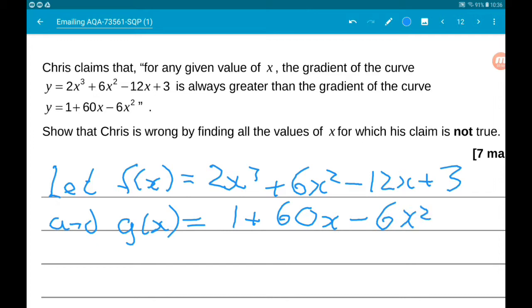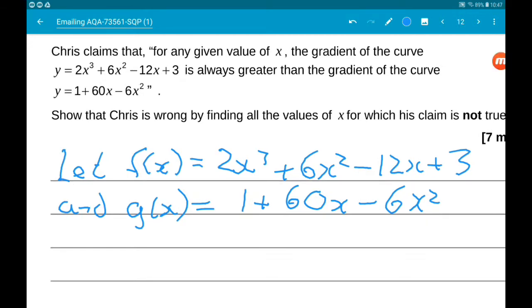Okay, so what do we actually want? Chris is saying that the gradient of f of x is always greater than the gradient of g of x. So, for Chris to be wrong, we want values of x such that the gradient of f of x is less than or equal to the gradient of g of x.